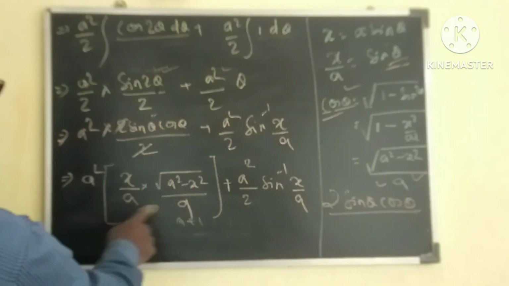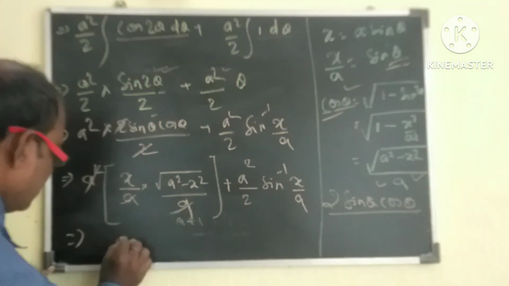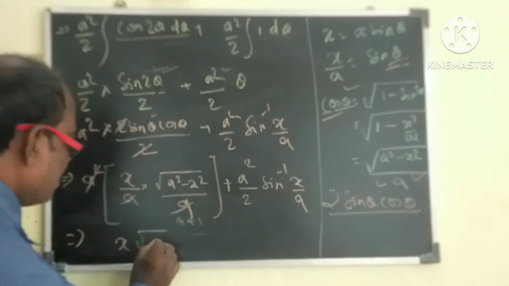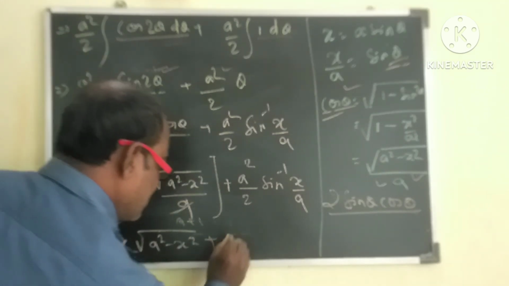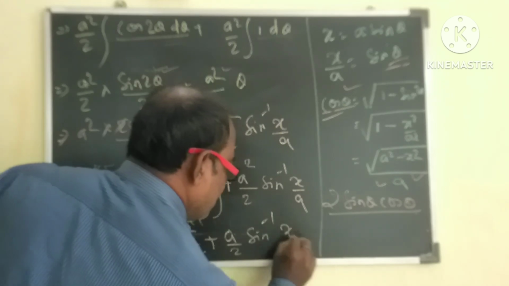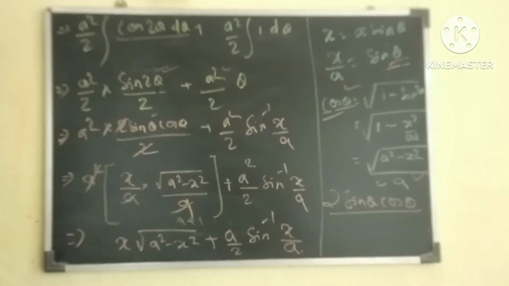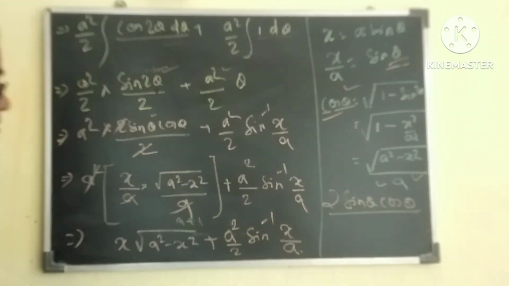Now here a into a is a square, this gets cancelled off. So finally we get x root over a square minus x square plus a square by 2 sin inverse x by a. Sorry, here it is a square, so we write a square.